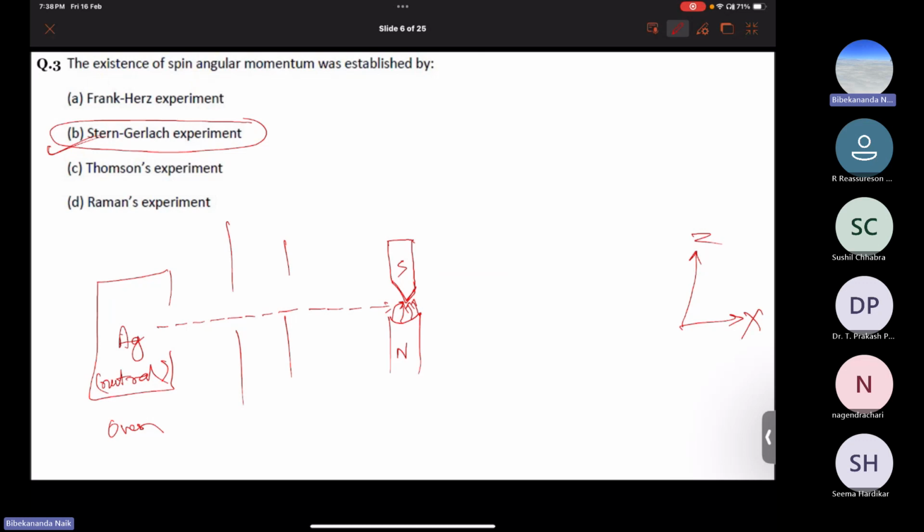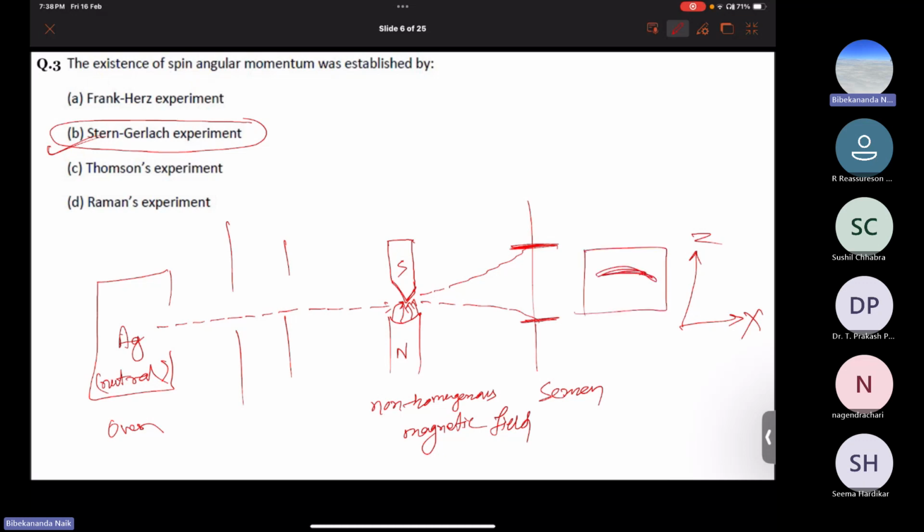Now these silver atoms were passed through this non-homogeneous magnetic field, and then they were collected on a screen. On the screen, we found that there are two distinct spots, one here and one here, if you see horizontally. So there are two particular spots.